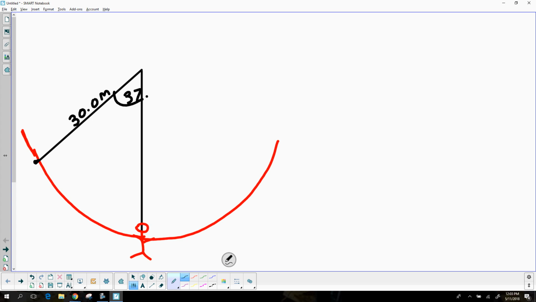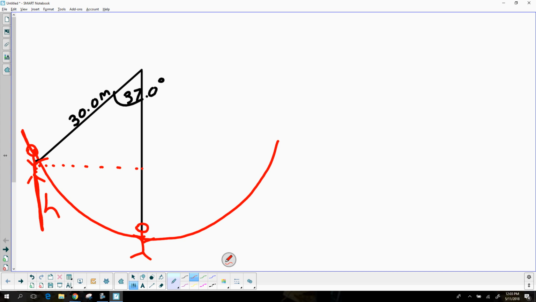This is going to be pulled back at 37 degrees. But notice that Tarzan is now, here's Tarzan, this high off the ground. And that's your height.